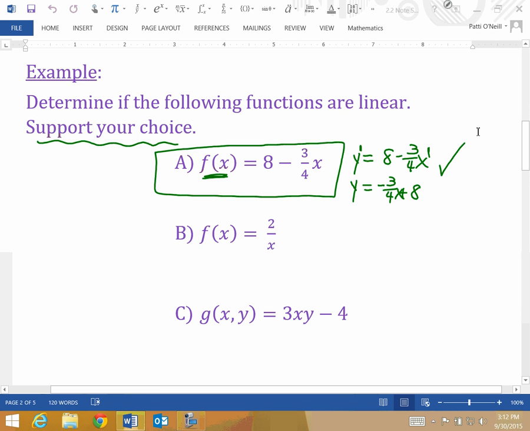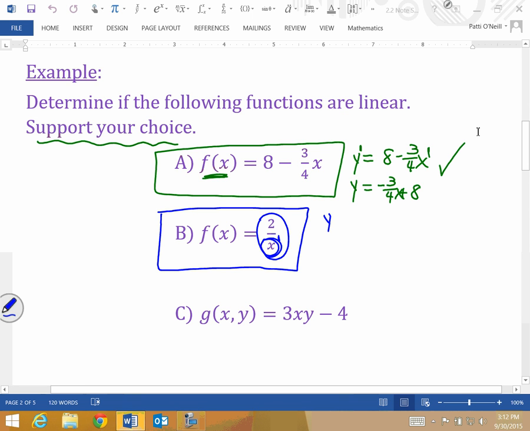B, which is f of x equals 2 over x, is this considered to be a linear function? Well, let's look at the 2 over x part. The 2 over x piece implies that having this variable in the denominator has got a power of 1. But if we move it up to the numerator, like we would want to model the y equals mx plus b form, you notice that the variable's in the numerator, this would be like an over 1.